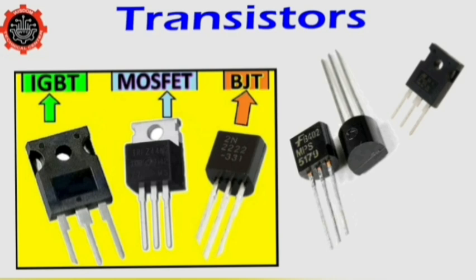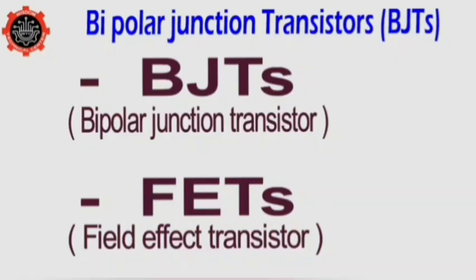Therefore, here in this tutorial, we will basically learn that all 3 pins circuit elements or components are not only transistors. So therefore, transistors are classified into 2 main groups, the BJTs and the FETs. BJTs stands for the bipolar junction transistor, and FET stands for the field effect transistors.